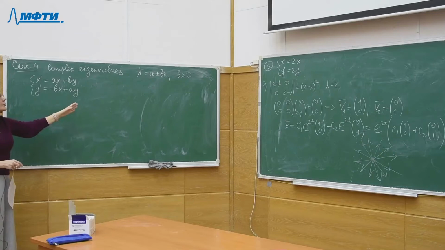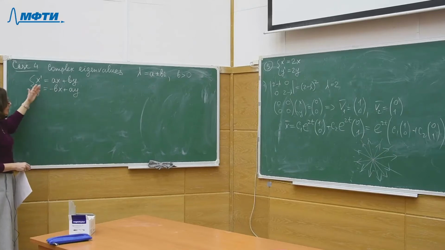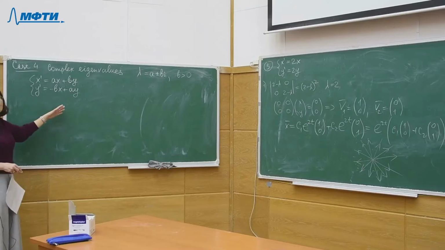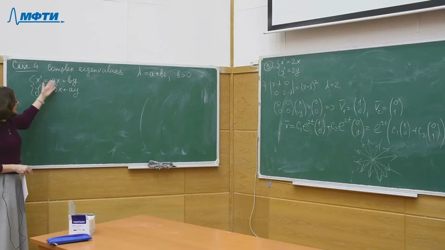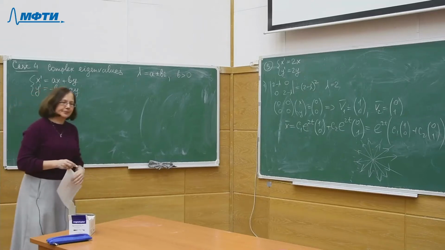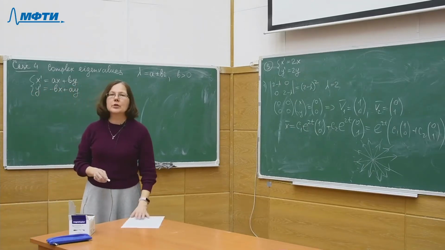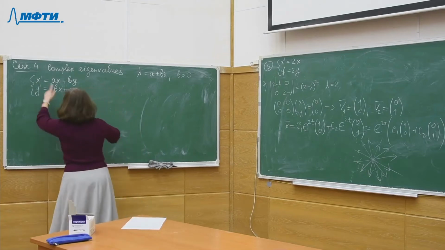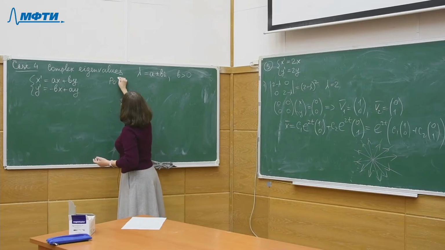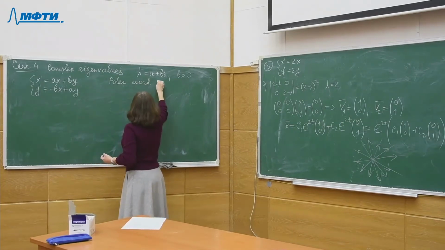And now we will try to visualize the phase trajectories in this case. How to do this? The best way to analyze this case is to introduce polar coordinates. Let's rewrite this linear system in polar coordinates r and theta.